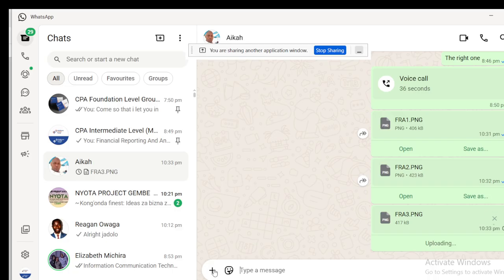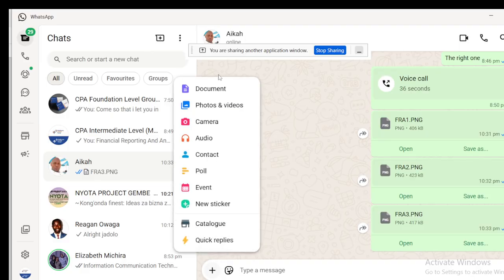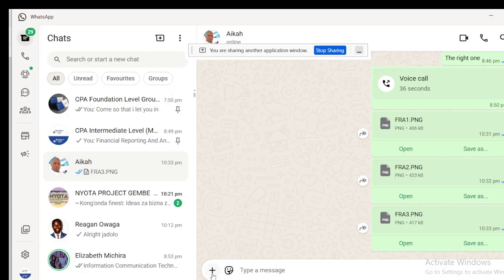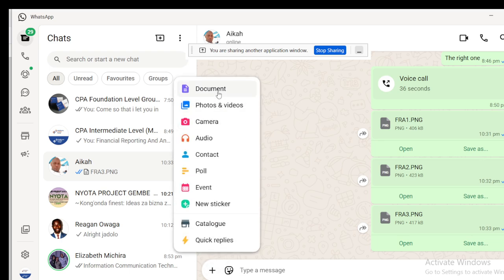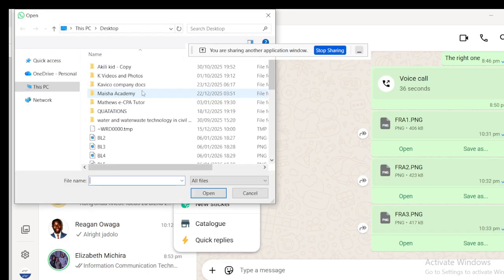The first one that I've opened is visible. Let me open the second one. This is the third one, sorry. I've opened the first one, let me see if I can open the second one. And then I've seen the third one. So there are four. I'm also sending the last one.